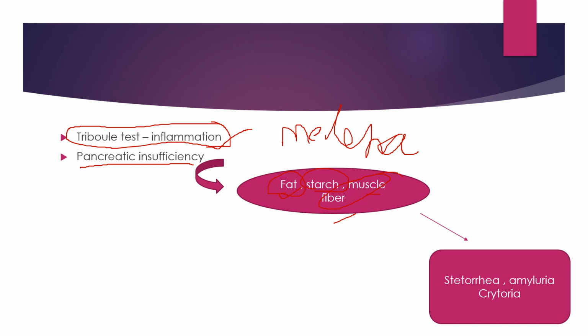And these conditions are known as steatorrhea, amylorrhea, and creatorrhea. Means on the analysis, when you explain to the examiner, you will say we can see the presence of fat, starch, and muscle fiber, meaning we can see steatorrhea, amylorrhea, and creatorrhea. These are the indications for pancreatic insufficiency.